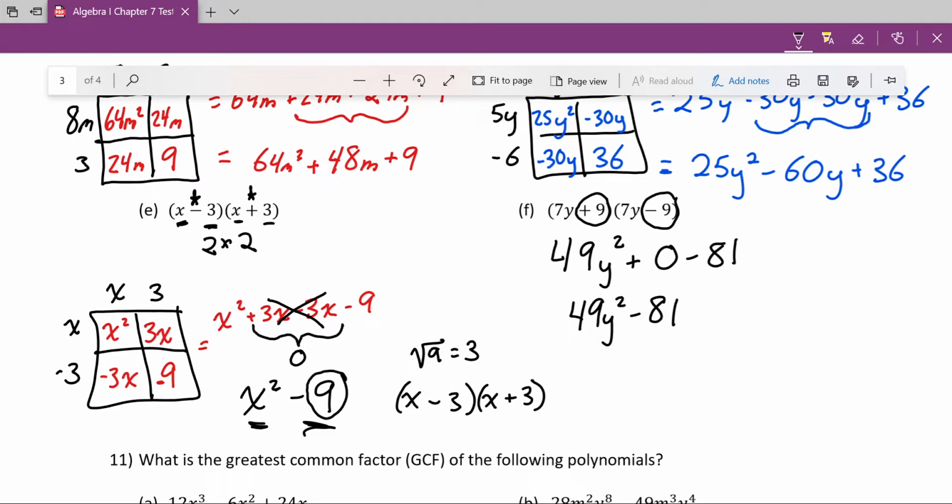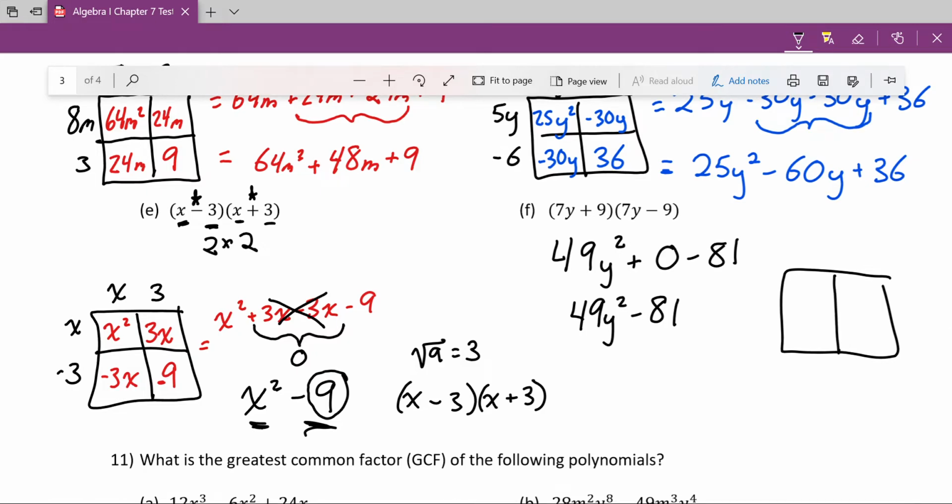For those of you who don't like that shortcut, I'll quickly just write the box method so you can see and realize that this shortcut may be easier, but maybe it's just nice to stick with what we know. So I'll do a 2 by 2 box because there are 2 terms in each polynomial.